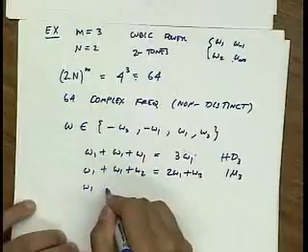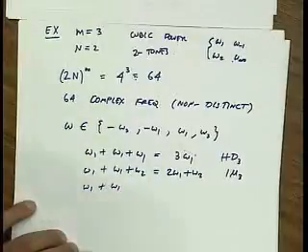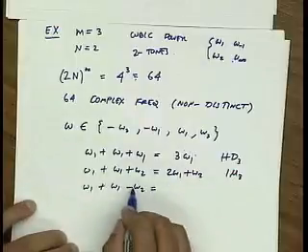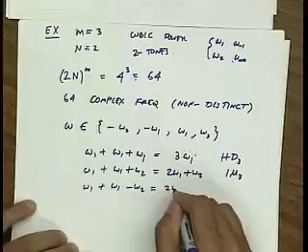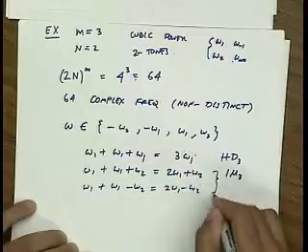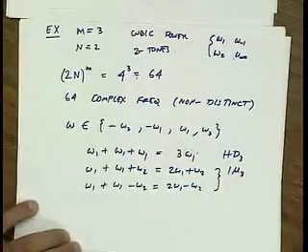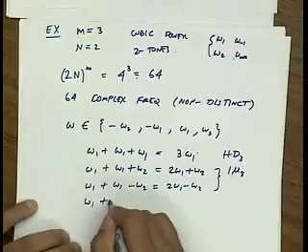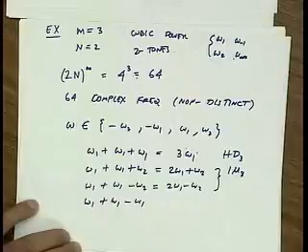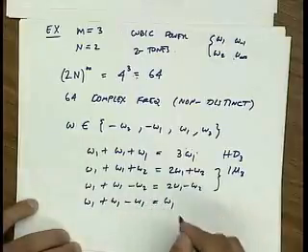I can also have omega 1 plus omega 1 plus omega minus 2, because omega minus 2 gives us the minus sign. So this is 2 omega 1 minus omega 2. This is also an IM3 term that we looked at last lecture. I can also have omega 1 plus omega 1 minus omega 1, and that gives me omega 1 again.